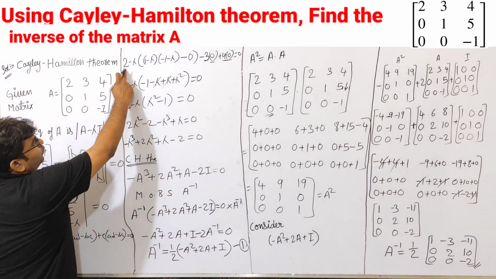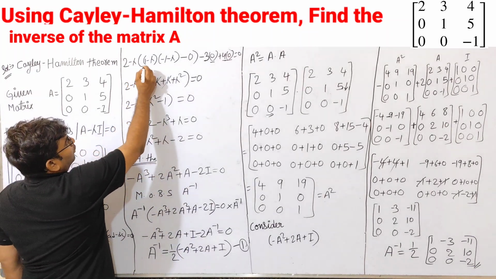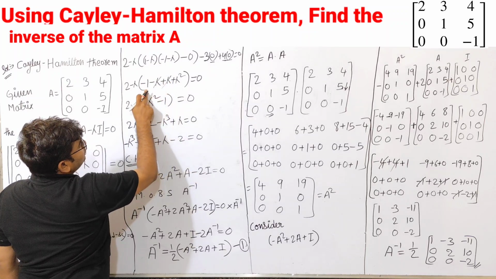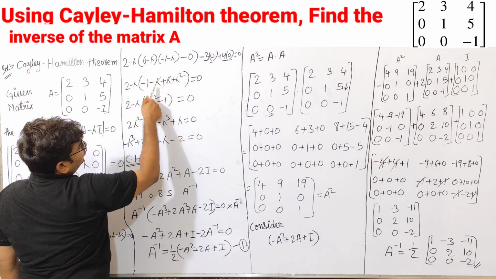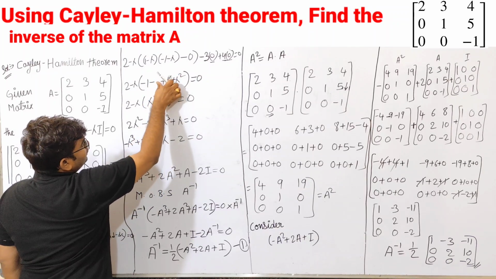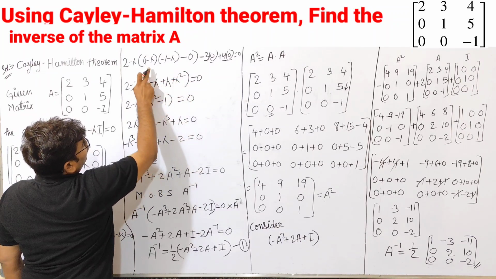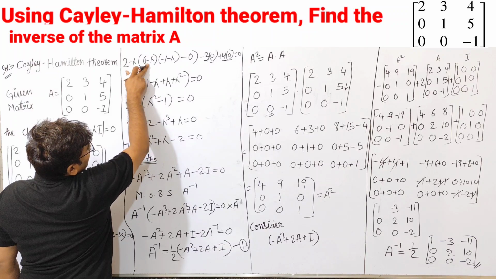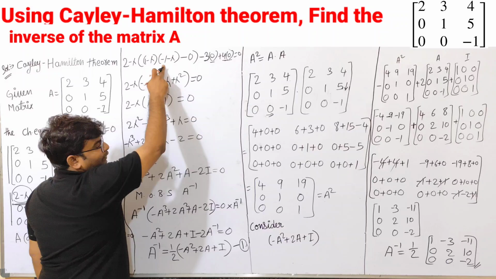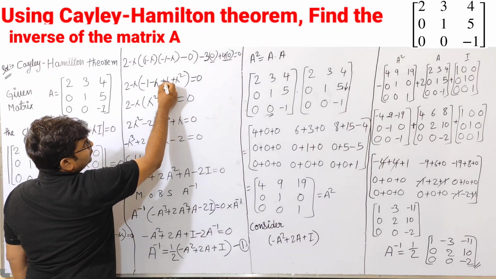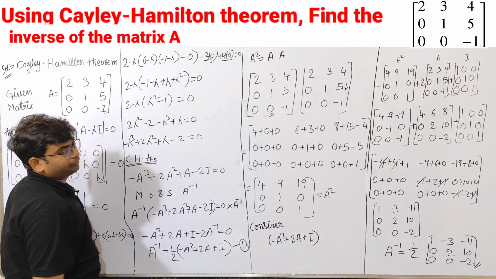Now 2 minus lambda is taken here. 1 into minus 1, minus 1, minus lambda into minus 1, minus lambda. Again minus lambda into minus 1, only lambda will remain, that is plus lambda, minus lambda, lambda square.